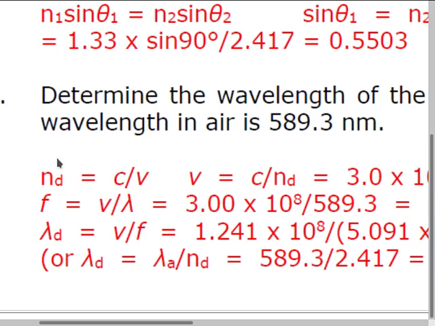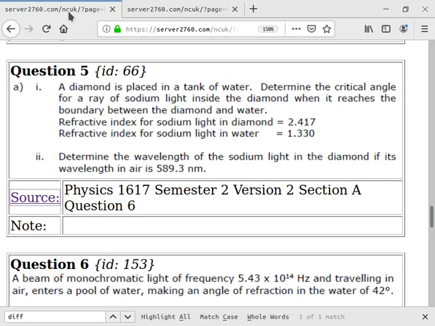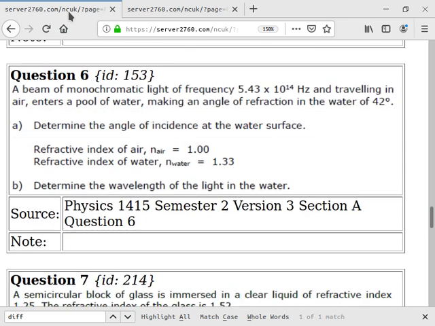Let's have a look-see now at the next one. Okay. This one is extremely similar. Again, it's two materials.